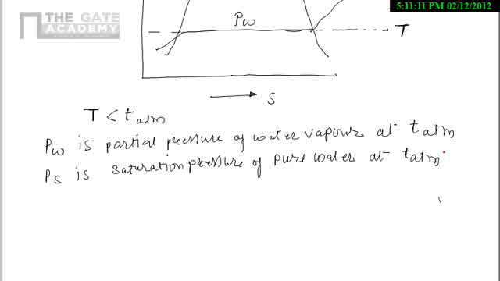Now we can define the ratio of this PW and PS by relative humidity. So now I am defining one term, that is relative humidity.